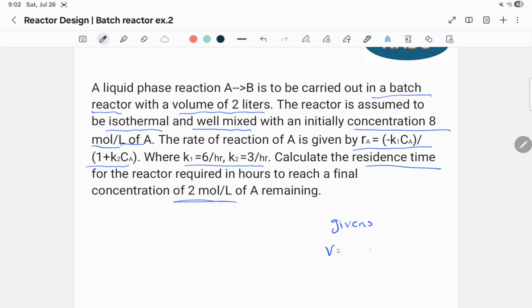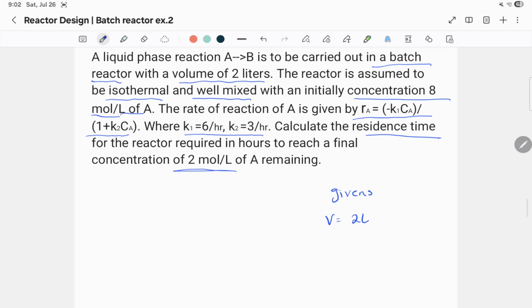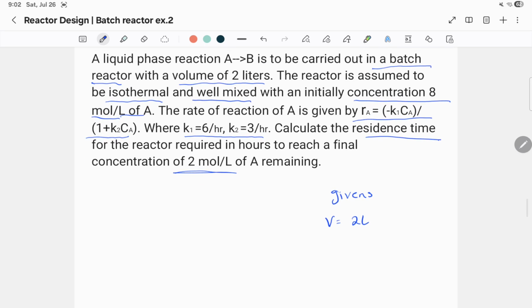Volume is constant, which is 2 liters. Assumed to be isothermal, basically meaning that the temperature is constant, which means that the reaction rate constant, since it's a function of temperature, is also going to be constant.